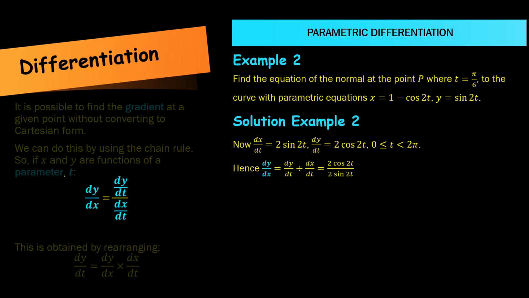And so we have dy/dx equals 2 cos 2t over 2 sin 2t, which is equal to cot 2t.